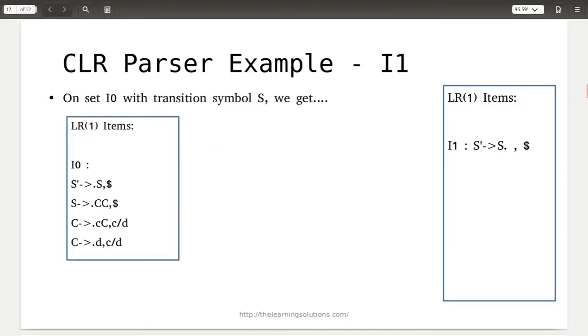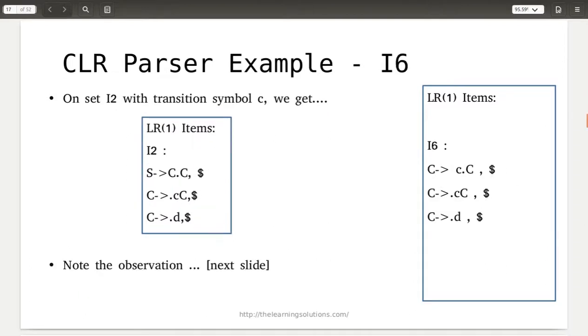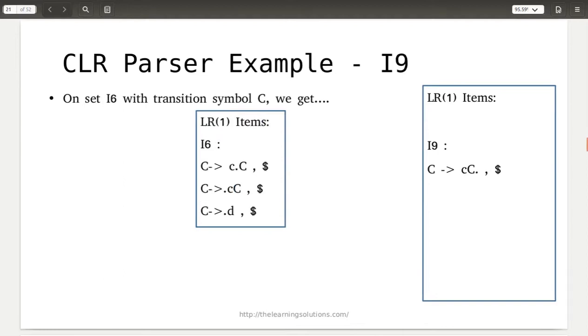So from I0 to I1 we obtained, after that I2, I3, I4, I5, I6, I7, I8 and I9. This is what we have already seen: get a state, on that state see what go to operation, that is transition, is possible, and at last perform the closure, so we get the productions collected in a state.